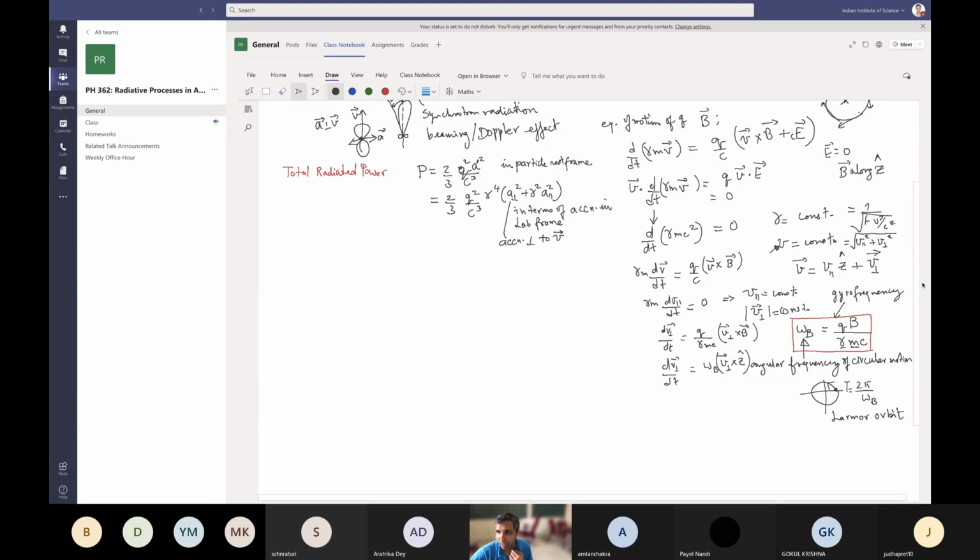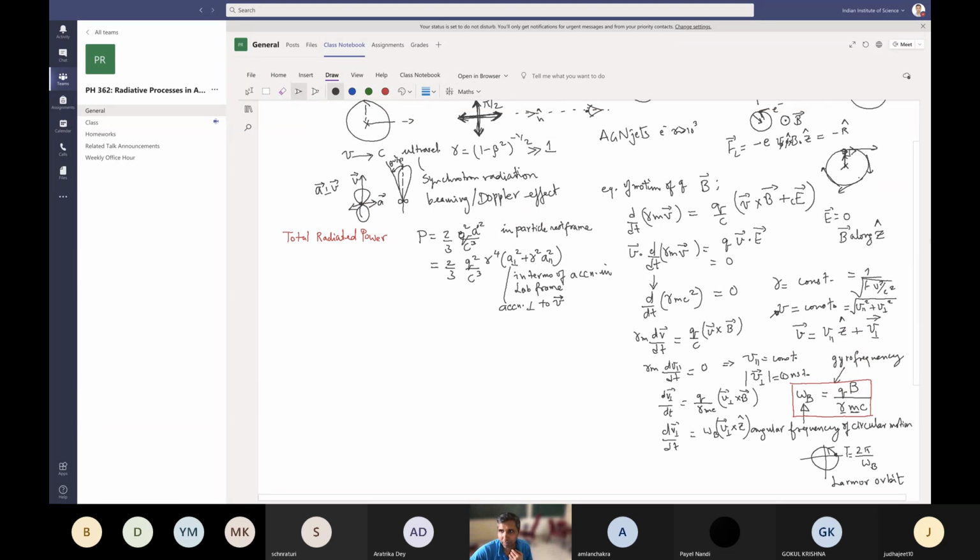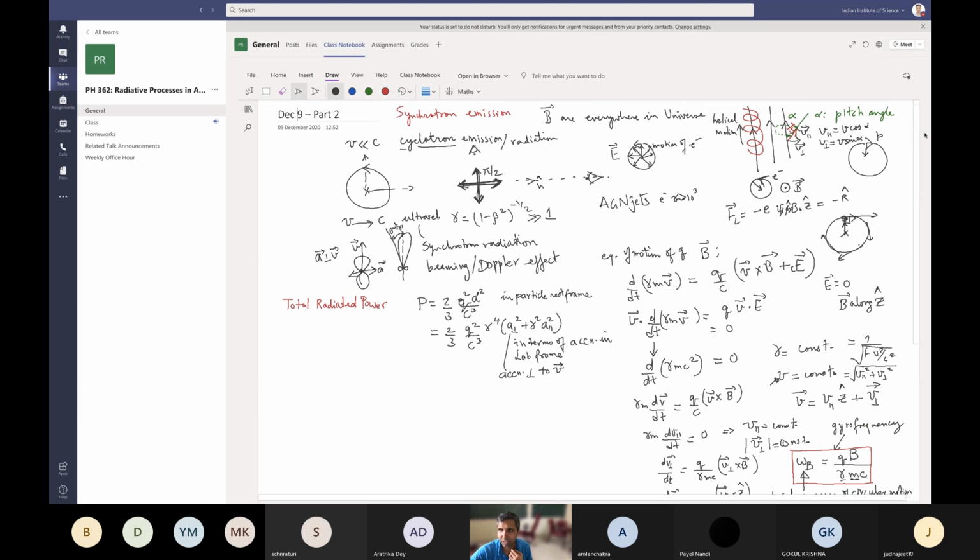So for Larmor motion, for circular motion in this helix, the particle velocity is in this direction, and acceleration is centripetal, pointing towards the center.